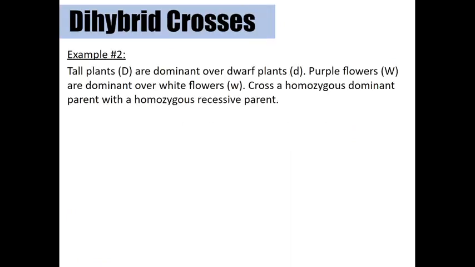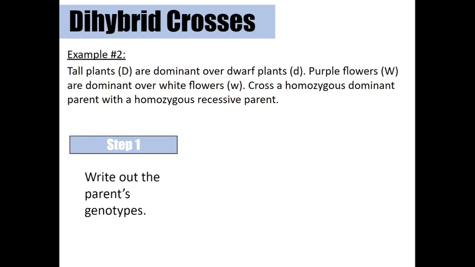So let's do another one. Tall plants, capital D, are dominant over dwarf plants, little d. And purple flowers, capital W, are dominant over white flowers, which is little w. So let's cross a homozygous dominant parent with a homozygous recessive parent.